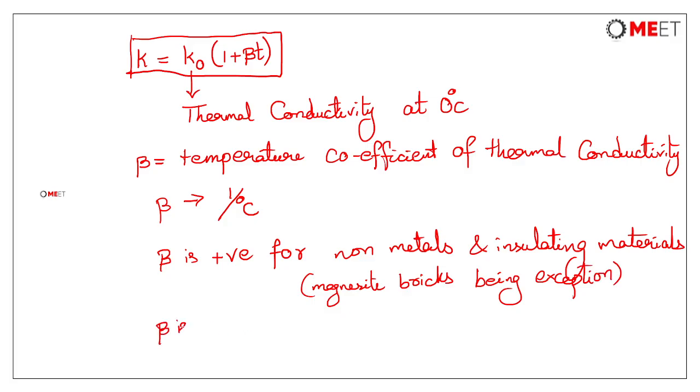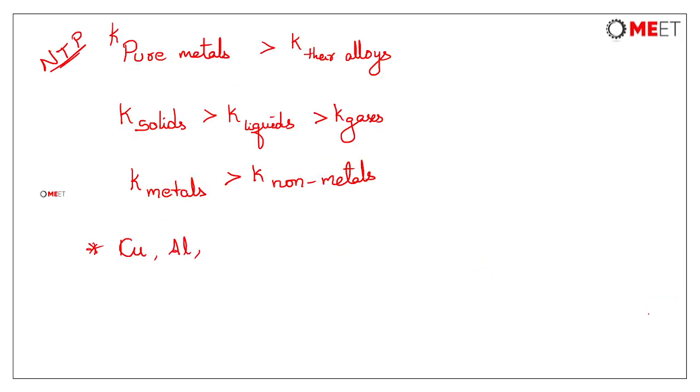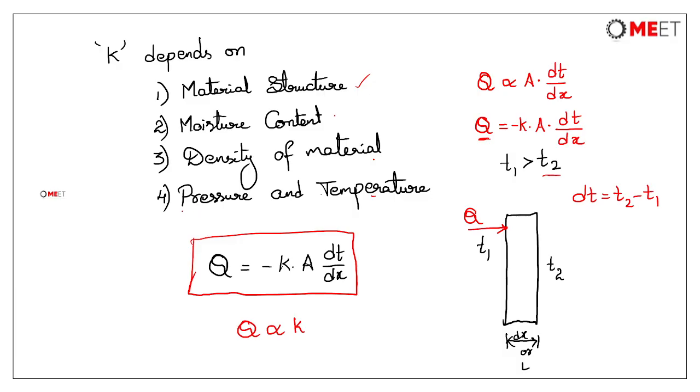Whereas beta is negative for metallic conductors. So here aluminum and certain non-ferrous alloys are exceptions. See, thermal conductivity of solids and liquids does not majorly depend on the pressure, whereas thermal conductivity of gases will be predominantly dependent on the pressure.